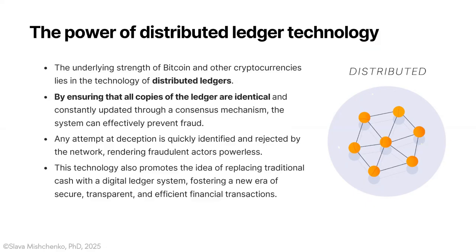And the implications of this are enormous. From my work with financial institutions, I can tell you that many are already exploring how to implement this technology. It's not just about cryptocurrencies anymore, it's about creating a new foundation for all financial transactions.